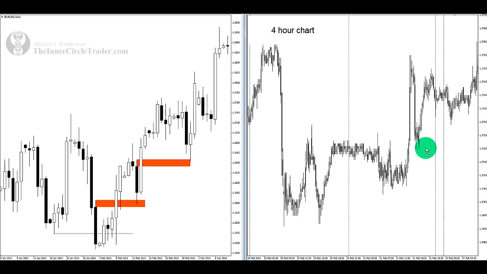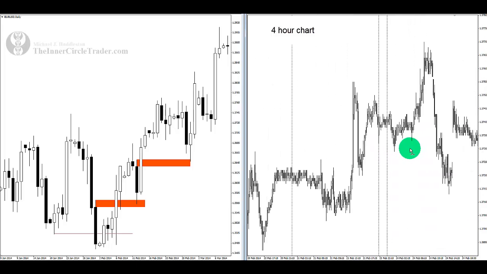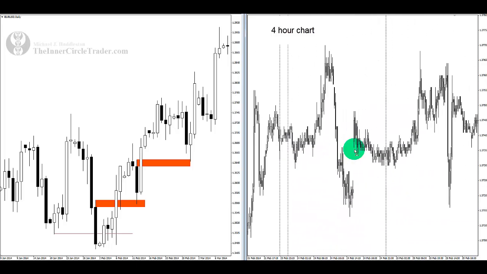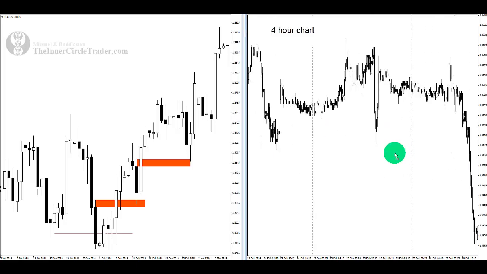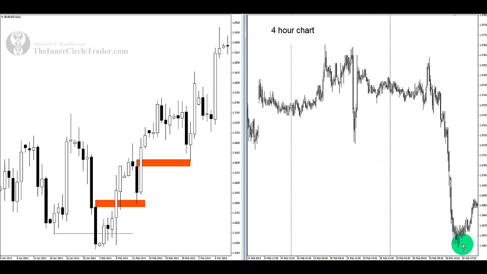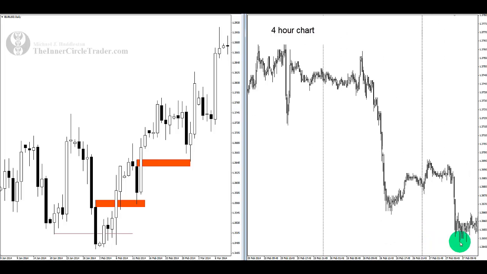We would expect it to drop down to 136.55 for an entry, right in here. Get long on a London Open kill zone entry.